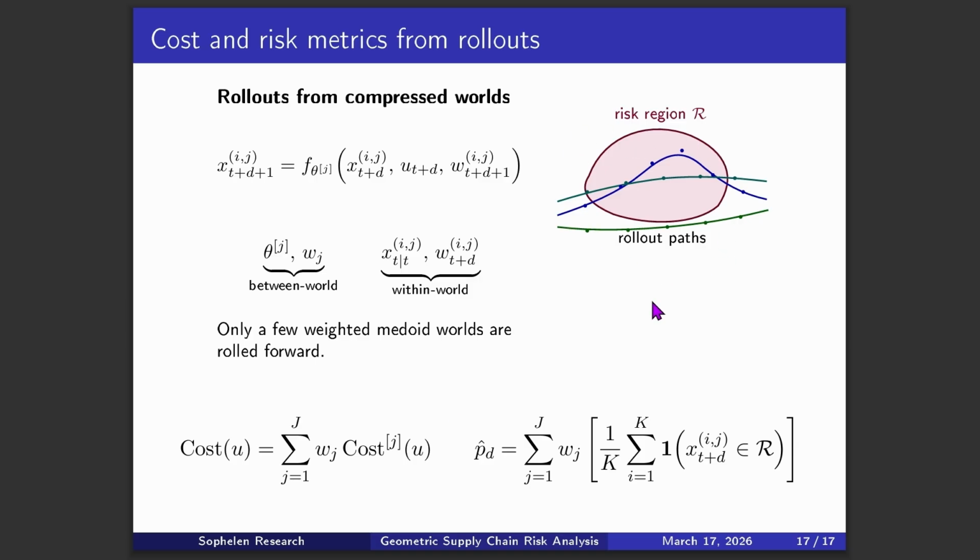You could do a cost metric, or you can see how often you land in a risky region. And because you have a number of supply chain manifolds, right, you would do an appropriate weighted metric from that. So here, you would do a weighted metric from the cost, or a weighted metric from how often you enter the risky region.